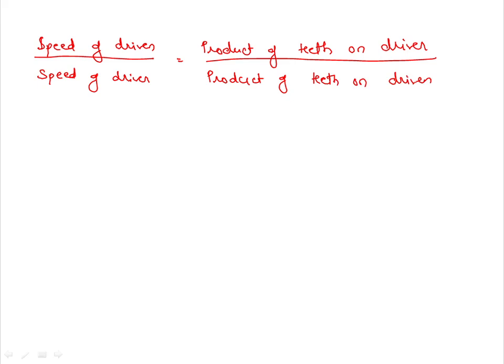So speed and number of teeth are basically inversely proportional to each other. That's why the formula becomes speed of the driven upon speed of driver is equal to product of teeth on driver divided by product of teeth on driven. Okay. So let us put the values over here.